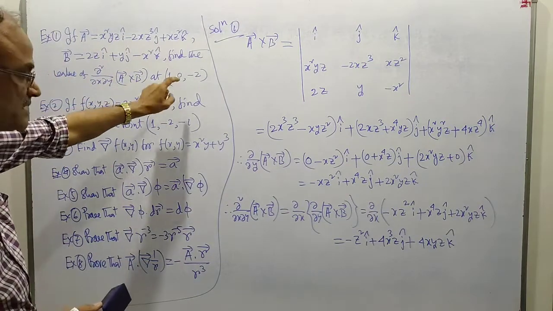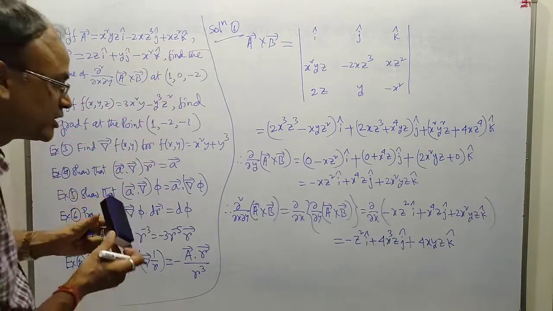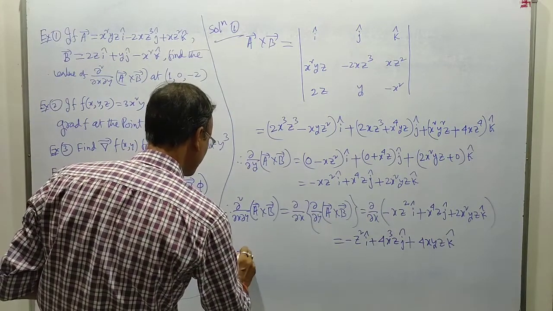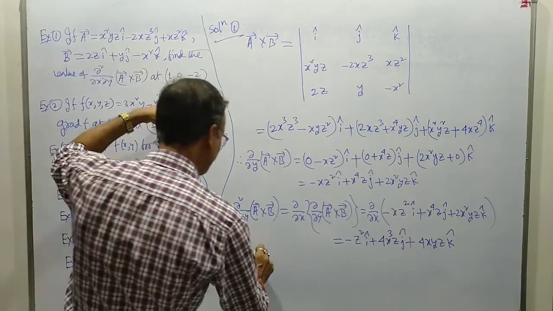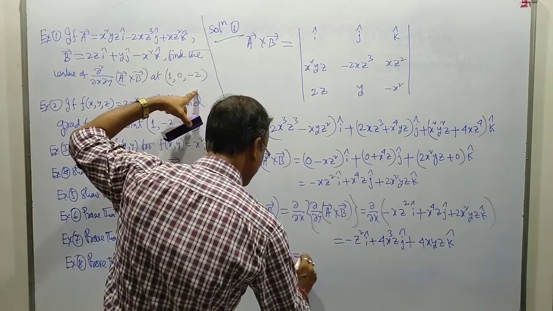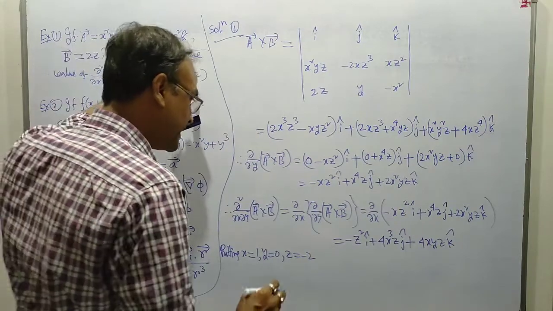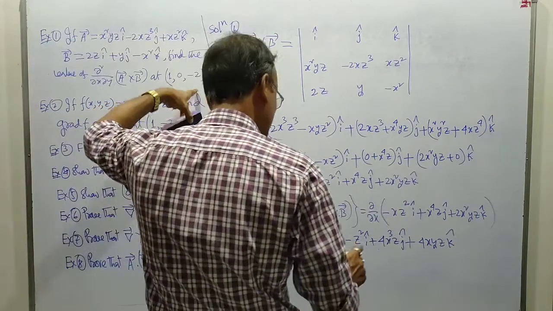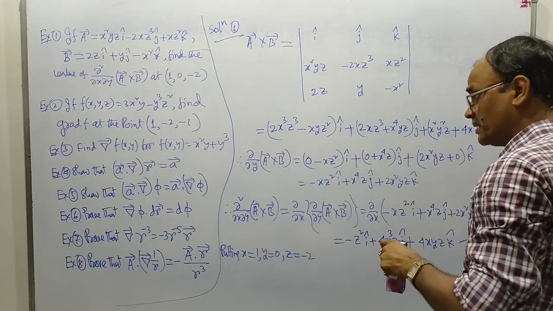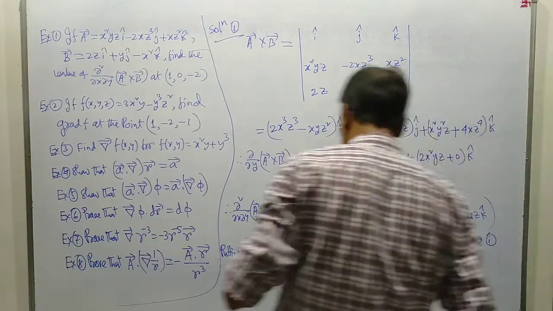At the point 1, 0, minus 2, putting x is equal to 1, y is equal to 0, z is equal to minus 2. Suppose this is Roman 1 like this.